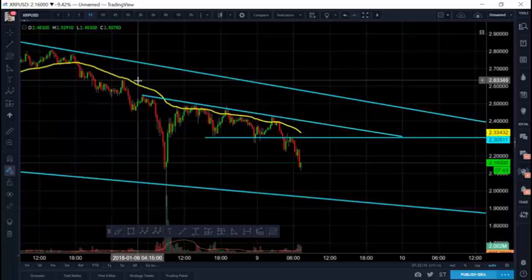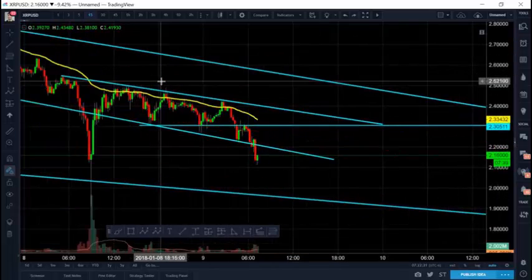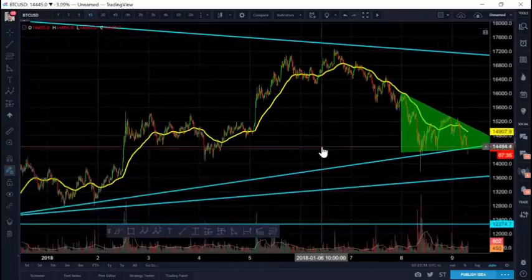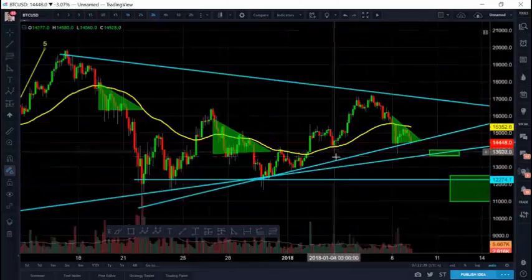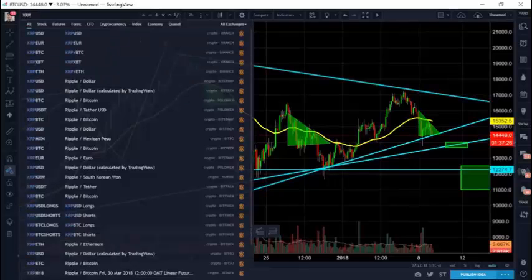But my point is, oops, I didn't want to delete that. No, I want my yellow line back, guys. No! Where'd it go? What? That's why I'm on Bitcoin right now, guys.